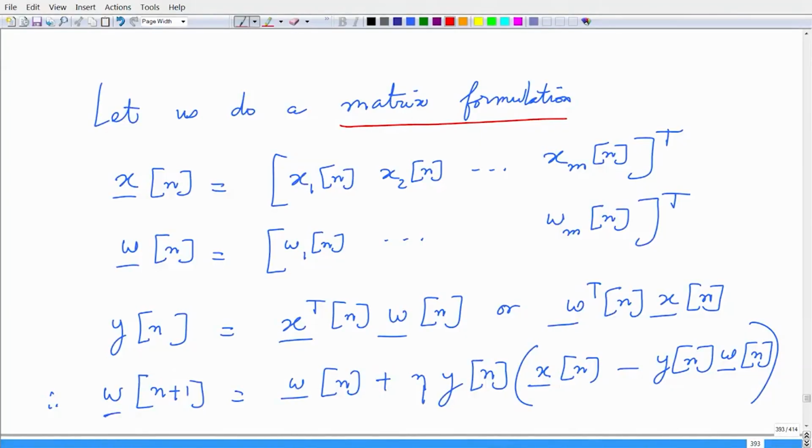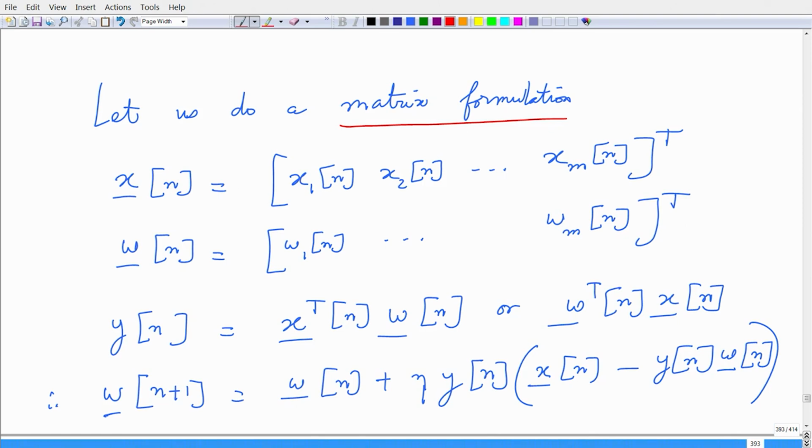So, x of n is x1 of n, x2 of n, so on till xm of n. We have m coordinates. W of n is w1 n, w2 n, so on till wm n. These are column vectors. My output y of n is basically the inner product of x with w, which you can realize as x transpose w or w transpose x, and we will see which form is useful, particularly when you have to do some algebraic manipulations that can simplify your matrices into the form that is required.